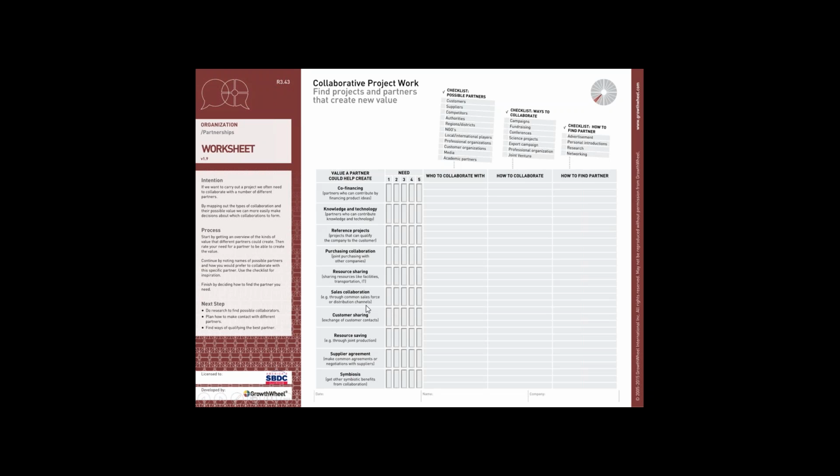Maybe you use a common sales force or distribution channels to share costs and to also be more strategic. Maybe you can exchange customer contacts because they have similar needs. So collaborating together to provide services or products which provide savings to the customer may be a win-win for everyone. Then we already talked about resource saving.